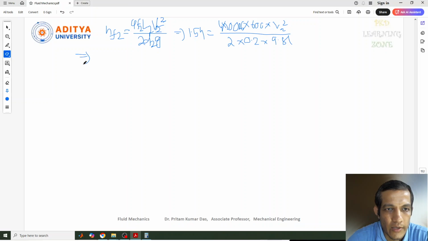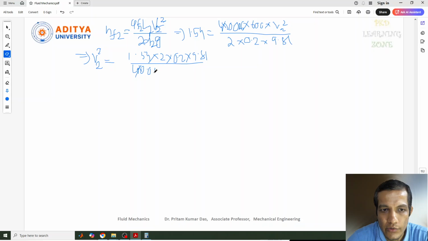We need to calculate the velocity, so I'll keep the velocity here and take the remaining values to the other side: 1.54 into 2 into 0.2 into 9.81 divided by 4 into 0.006 into 600. That's it, I can solve this.